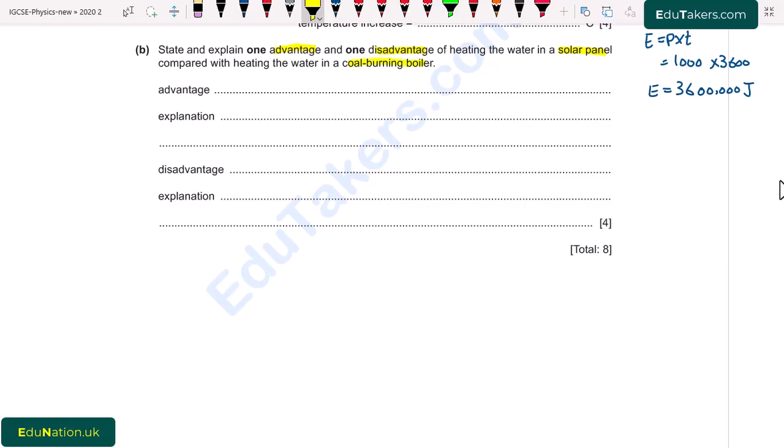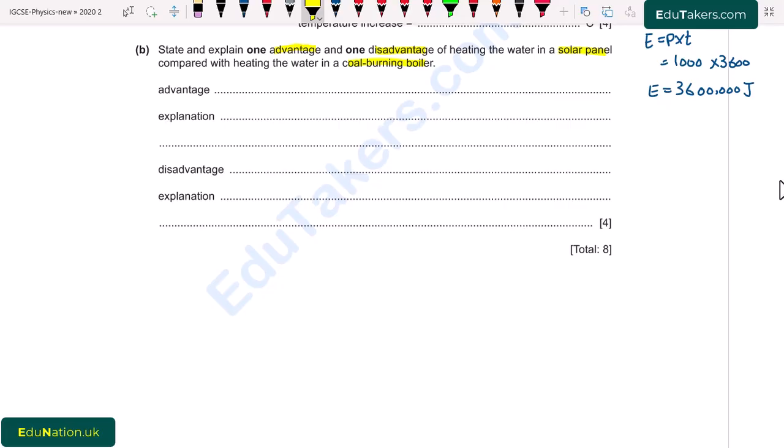So we have to state and explain one advantage and one disadvantage when we heat the water into solar panel instead of heating the water into coal burner boiler. So advantage of this use of solar panel is that it is a renewable source of energy. It means that we can use the solar panel again and again to get the energy, and there is no air pollution caused by this.